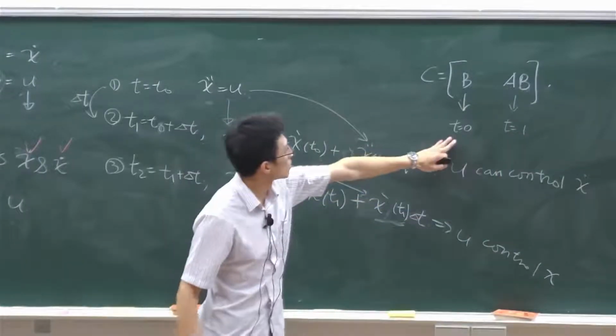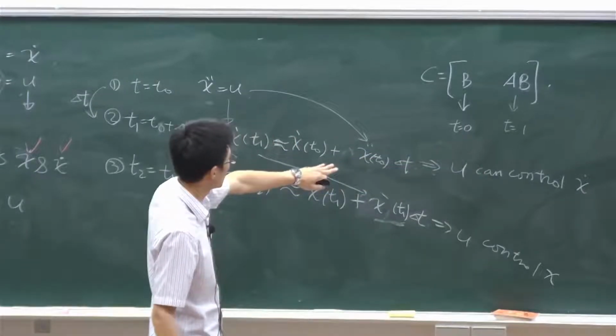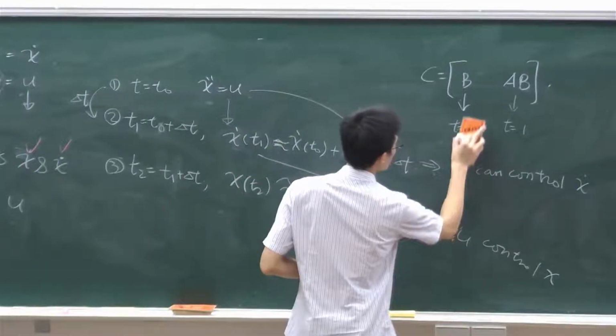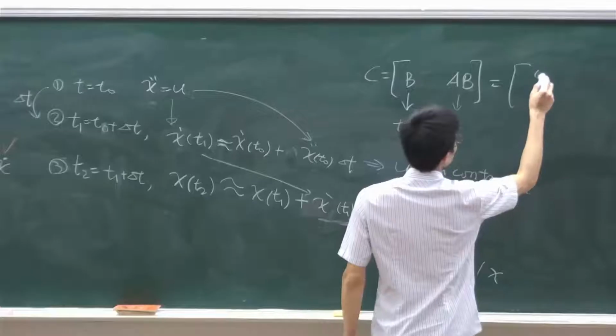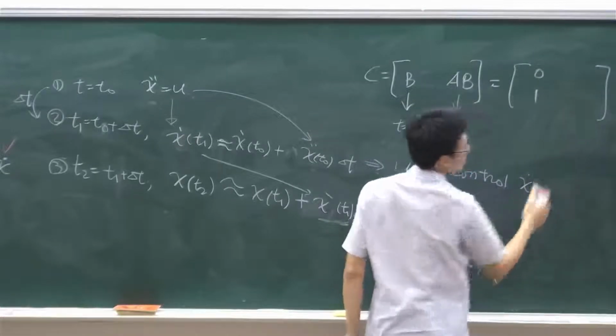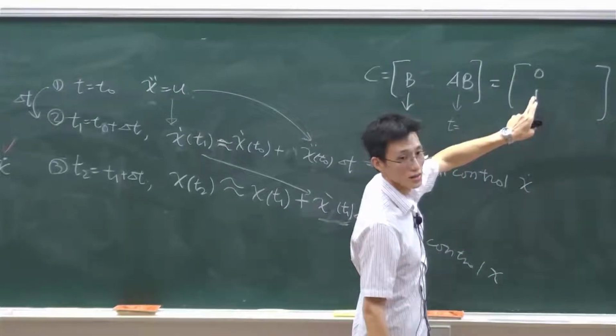At t equal to 0, B is this: 0, 1. That means the control comes into the system to affect the second element, which is x double dot. But as time goes, x double dot will be integrated to affect x dot. So you can affect the second state. So it's 0, 1. You can change the second state.